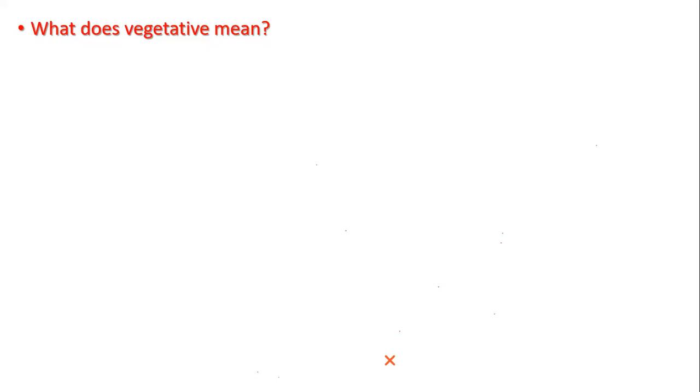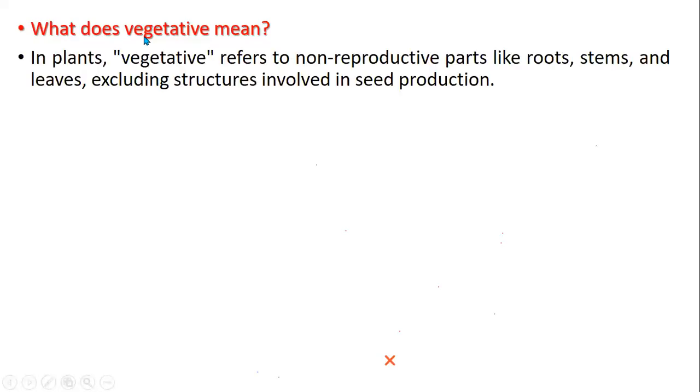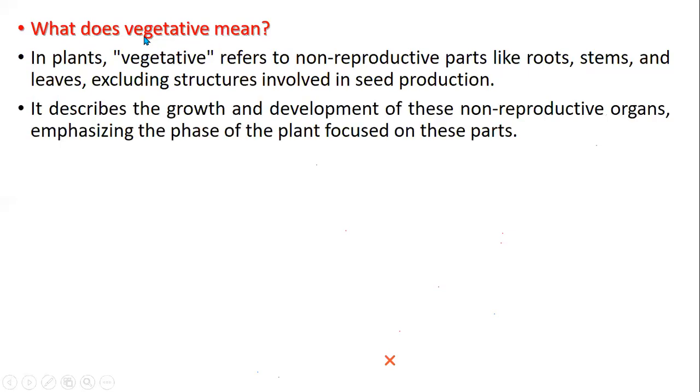The flower is a reproductive organ of a plant, if you remember that definition. So the rest of the plant becomes the vegetative part. Like one of you has said, if that part results into a new plant, then that part is said to be vegetative.